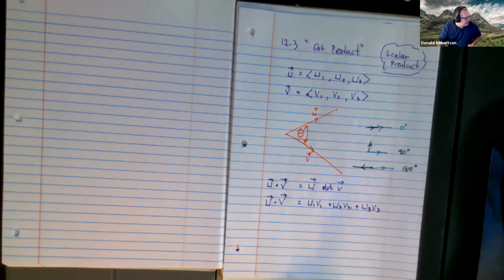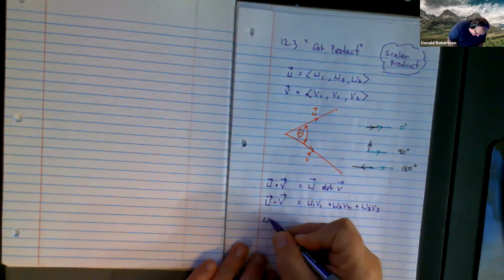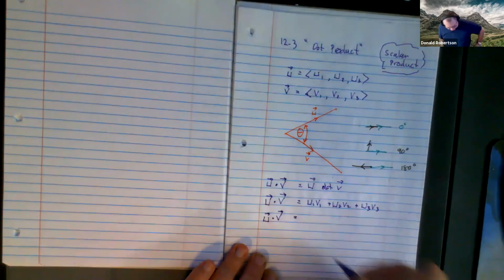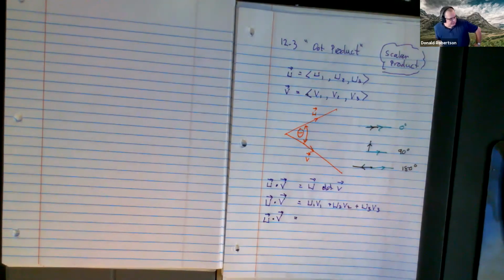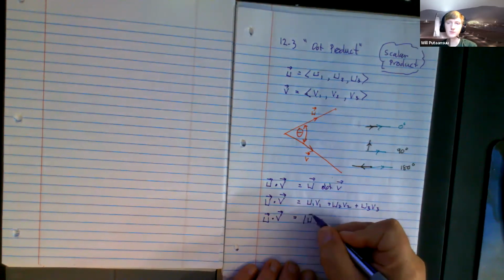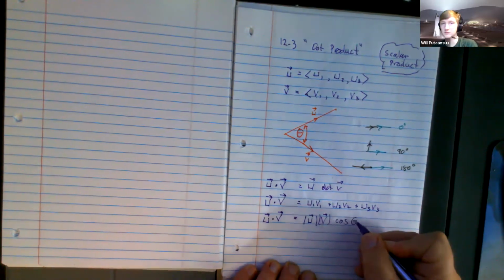Is anybody going to tell me the other formula for calculating U dot V? This formula has the angle theta involved in it. It's the magnitude of U times the magnitude of V times cosine of theta, with theta being the angle between the vectors. Correct.